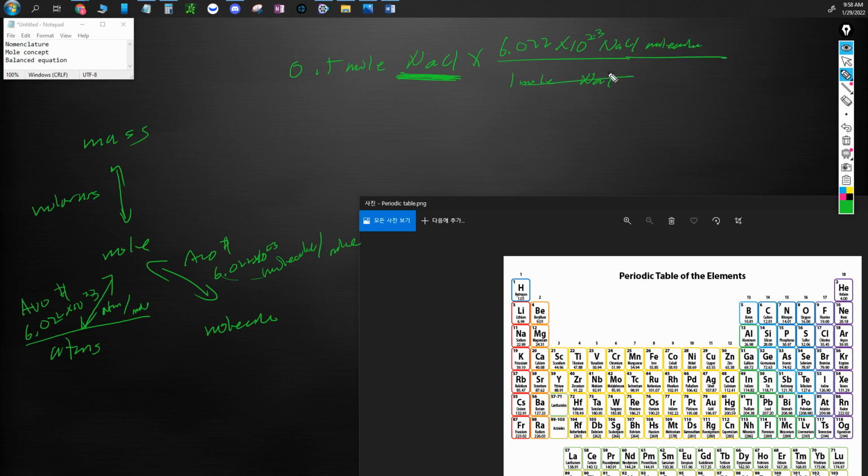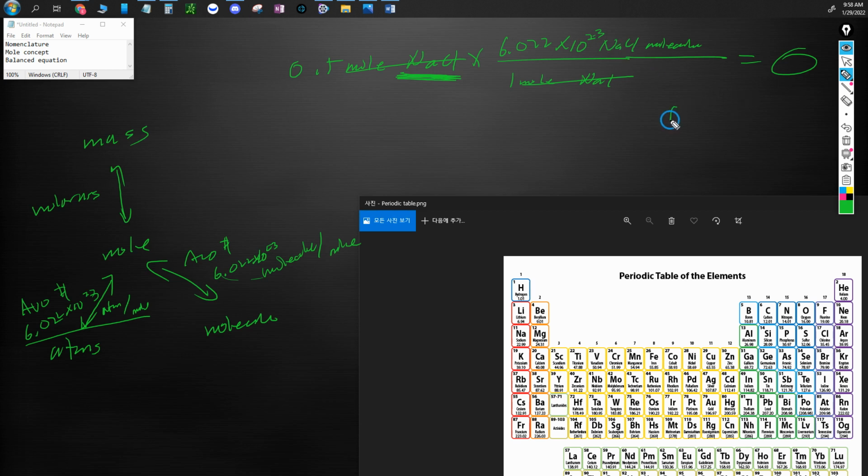Okay, so we can get rid of that, and you can already imagine, multiply that, and it'll give you whatever number of molecules there are. Let me actually do it: 0.5 times 6.022 times 10 to the 23rd.